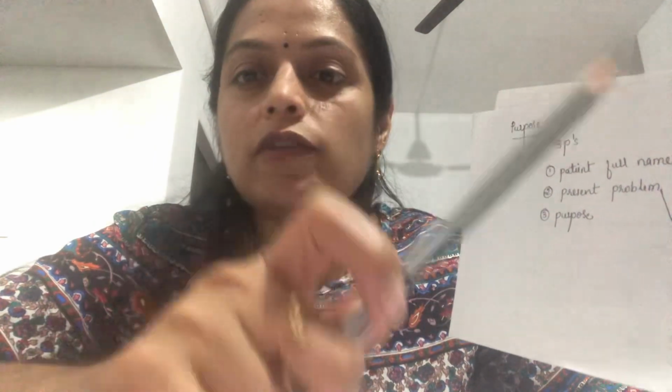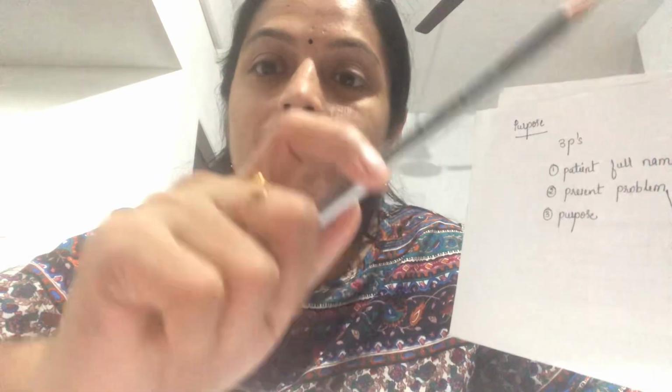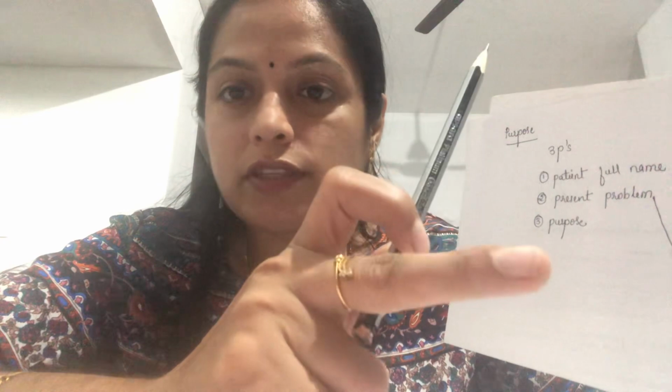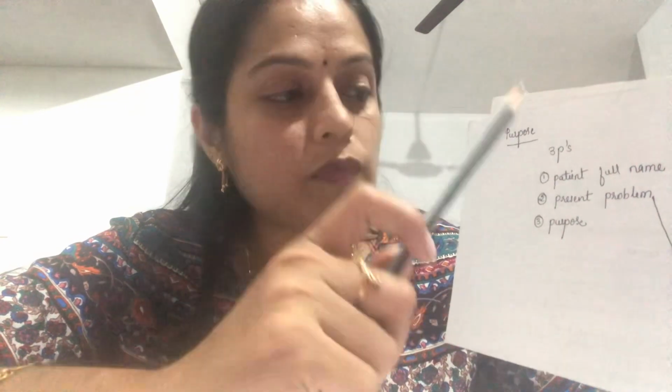Suppose only one visit they have asked, only visit, he needs visit, visit no S. So what can you decide? It's only one visit. We are asking the reader to visit only one time. So we can write: I am writing to request a home visit.